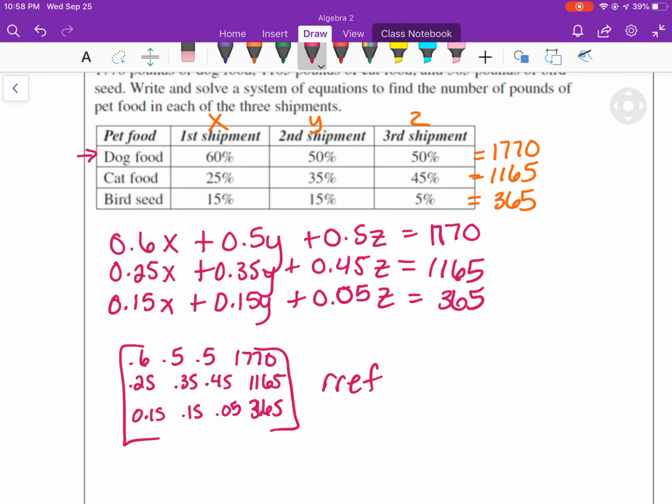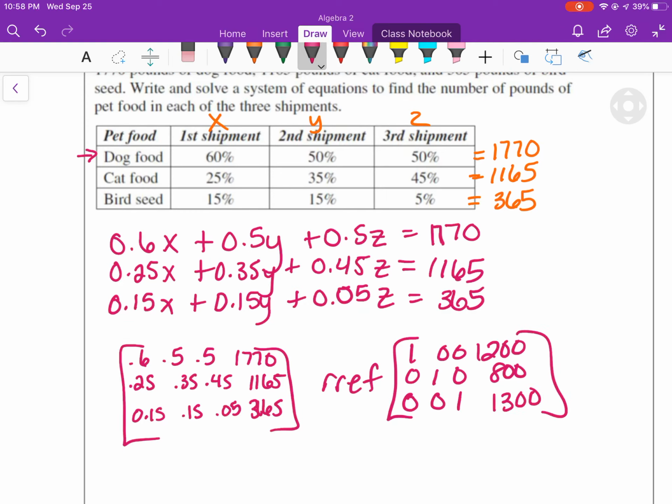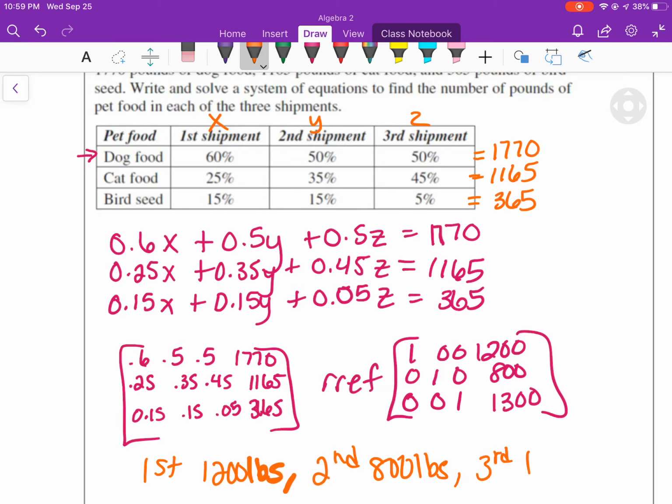Running the row reduced echelon form, you're going to get 1, 0, 0, 1,200; 0, 1, 0, 800; and 0, 0, 1, 1,300. So it asked how many pounds were in each shipment. That means the first shipment had 1,200 pounds, the second shipment had 800 pounds, and the third shipment had 1,300 pounds. So that would be my answer.